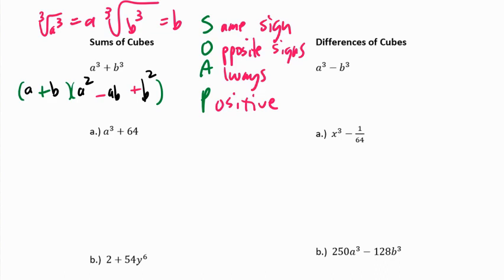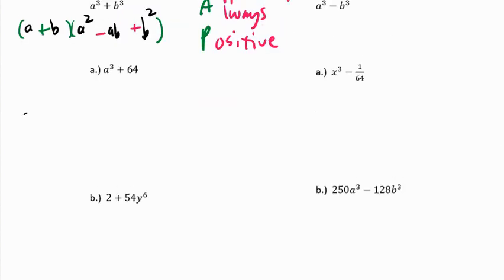So now let's do that with numbers. So the first thing I'm going to do is I'm going to do my SOAP. I'm going to put the same sign, which is a plus, and the opposite sign, which is a minus, and then always positive at the end. My a is going to equal a because that's the cube root of a cubed.